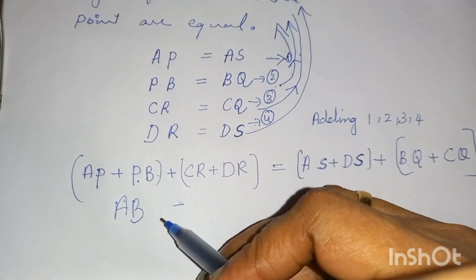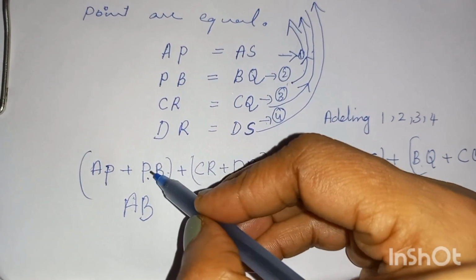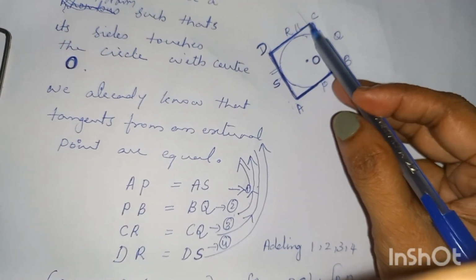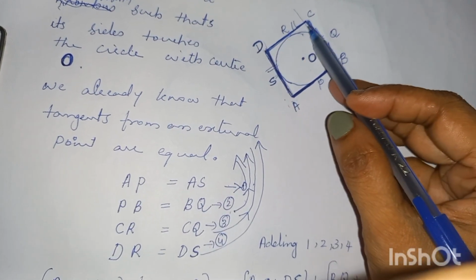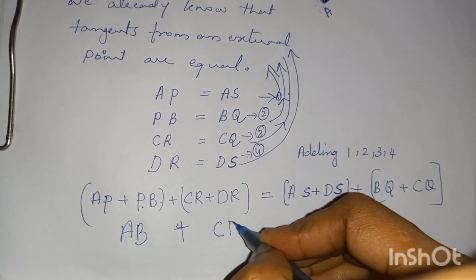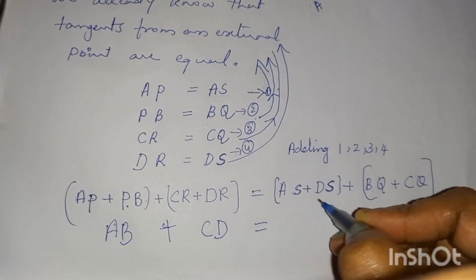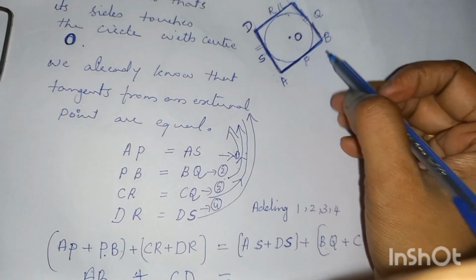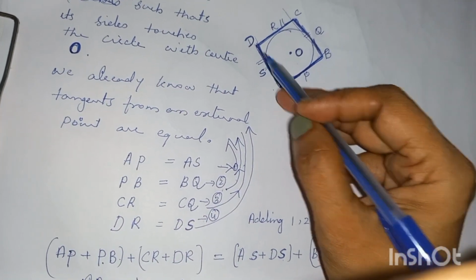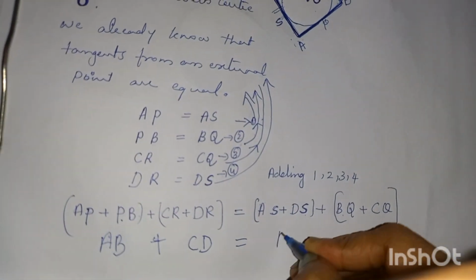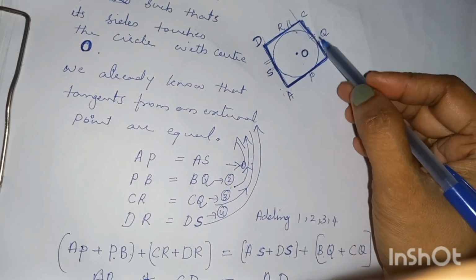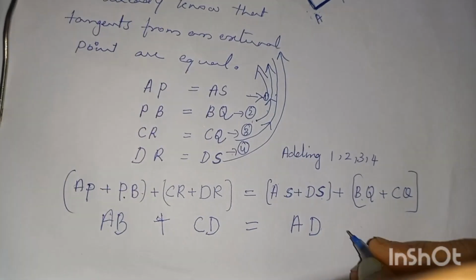So AP plus PB is equal to AB, and DR plus CR is equal to CD. AS plus DS we get AD, and BQ plus CQ we get BC.